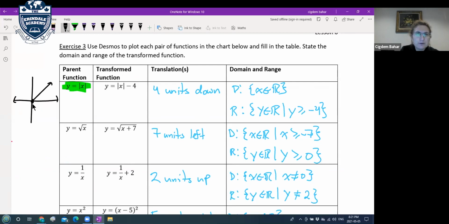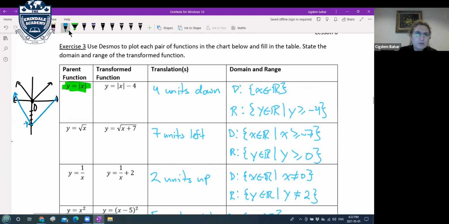It's a V shape, something like this. So this is absolute value. It says, can you take the function 4 units down? So go 4 down. And then it's from negative 4 going up, up. So this is 4 down.